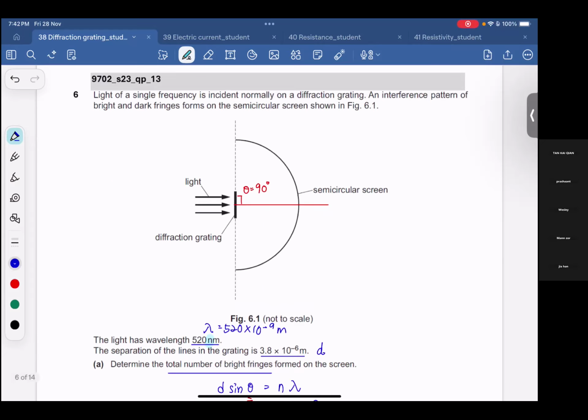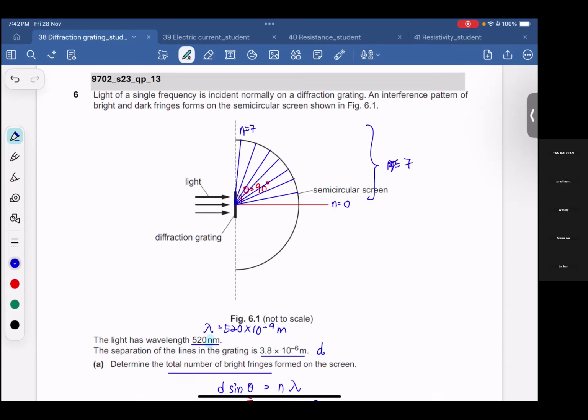Why? Because here we always start with n equals 0 up to n equals 7. So the maximum we can get here is 7, and in between we have 6, 5, 4, 3, 2, 1. In the upper part, the total number of bright dots you can observe is 7.